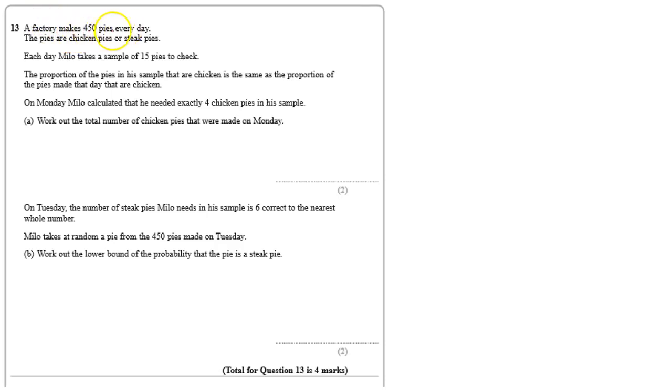Our factory makes 450 pies every day. So pies are chicken pies and steak. So chicken pies plus a steak, and total is 450. Each day Milo takes a sample of 15 pieces to check. So out of 450 he is taking 15 pieces.